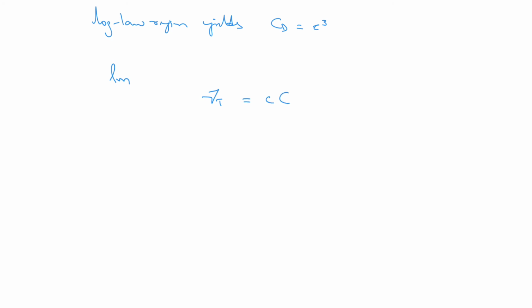We will get small c capital CD k square by epsilon, or nu t epsilon by k square equals c capital D. For simple shear flows, we have this k epsilon and this nu t, which is equal to minus u dash v dash by dou u by dou y.